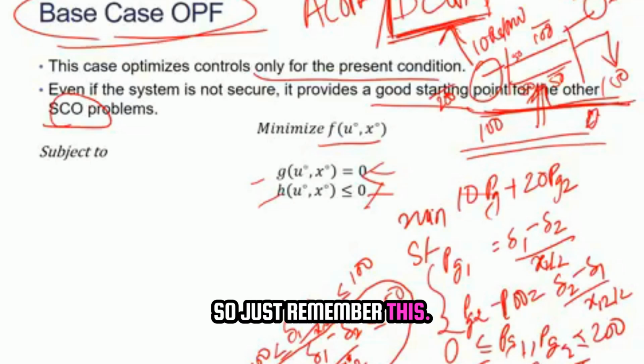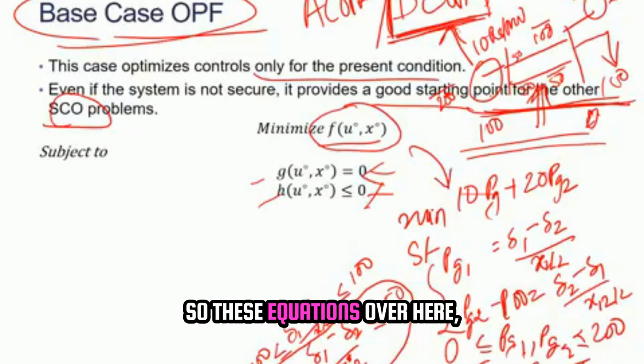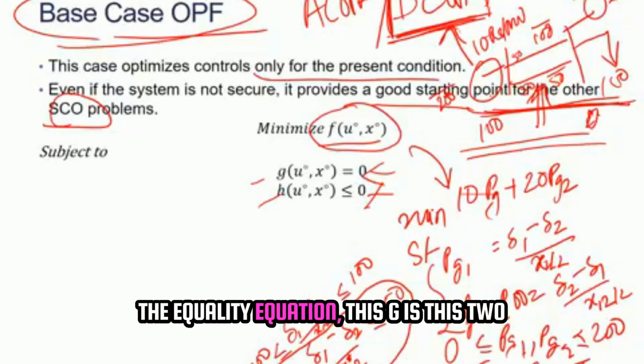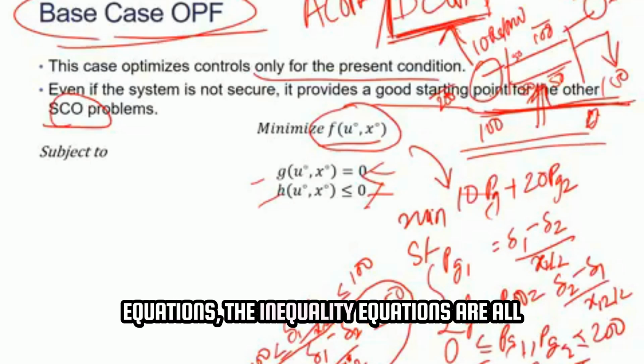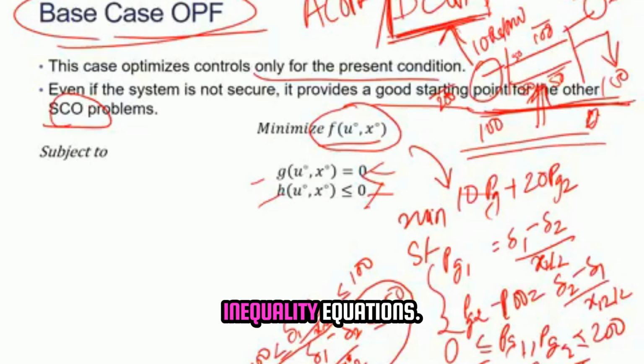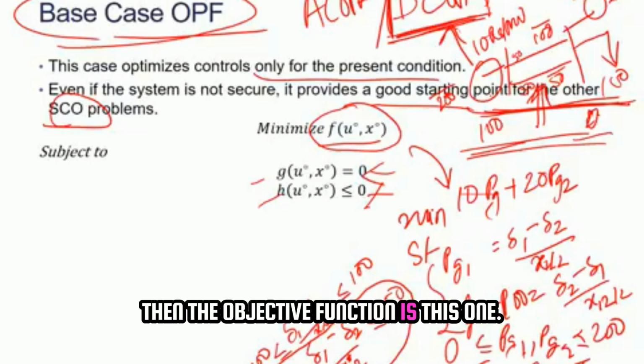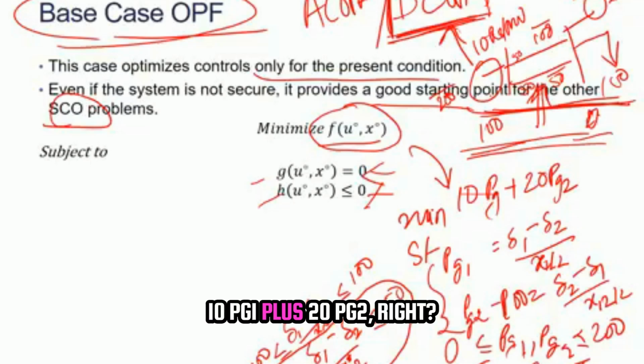So just remember this. Okay, good. So with this, we will be able to solve this problem. These equations over here are the equality equations, this G is these two equations. The inequality equations are all the inequality equations I wrote, and then the objective function is this one, 10 pg1 plus 20 pg2.